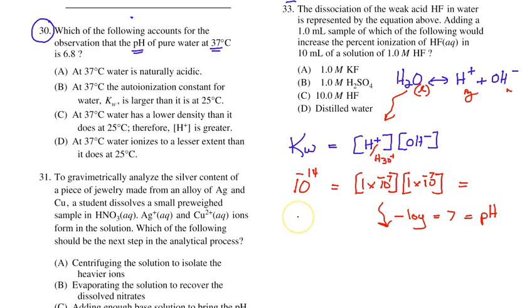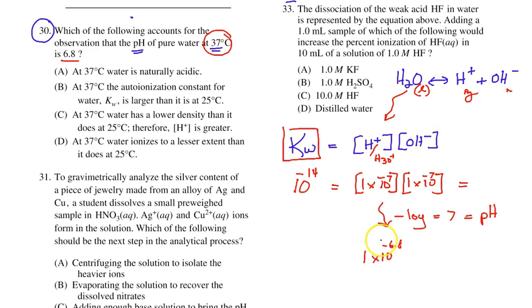They're synonymous. But what if the pH is 6.8? Well, that would mean this number has changed. Now 6.8 would be 1 times 10 to the what? Negative 6.8. That number just got bigger. Whoa. So if I have pure water at 37, which is not what Kw is measured at, this number got bigger.